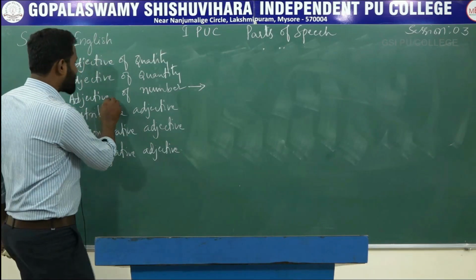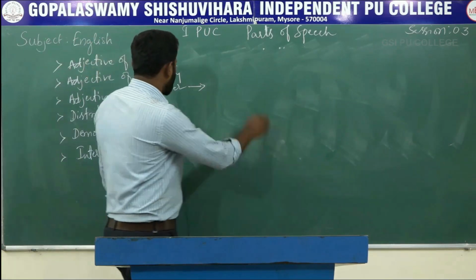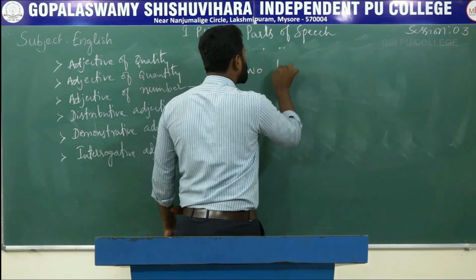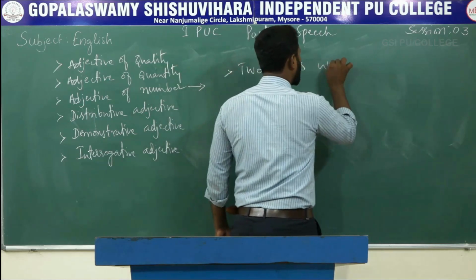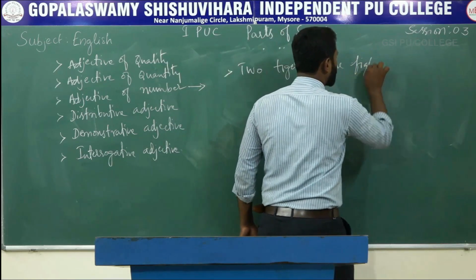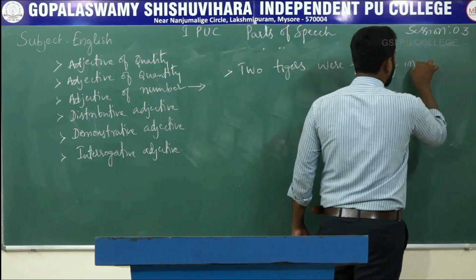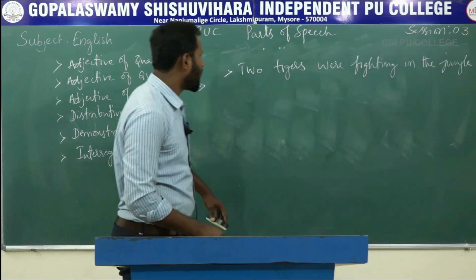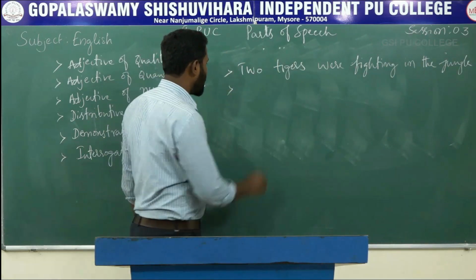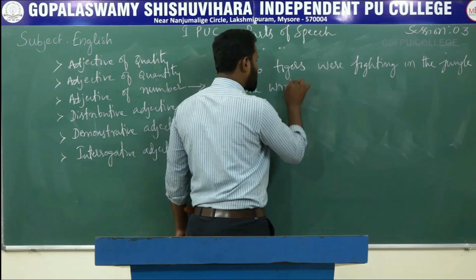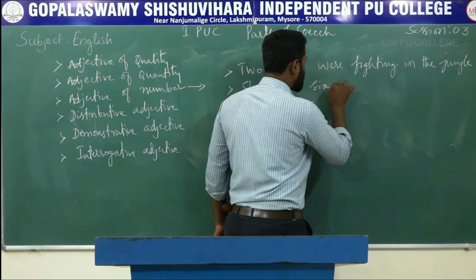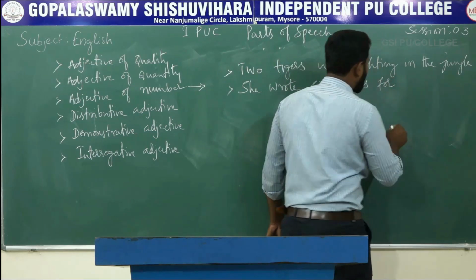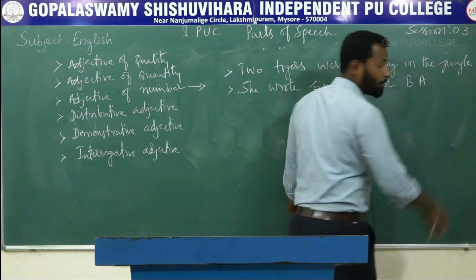So let us now see the adjective of number. So let us understand this with two examples. Two tigers were fighting in the jungle, and the next one is she wrote 6 papers for BA.